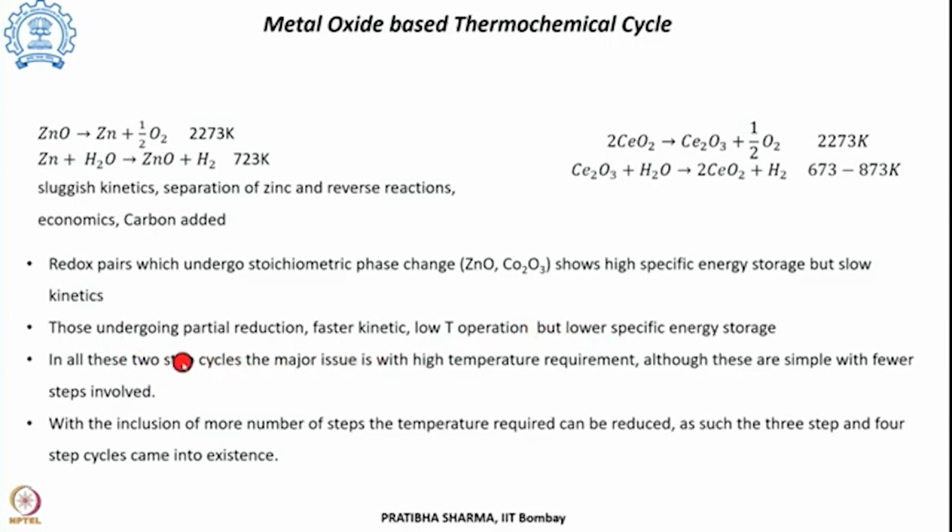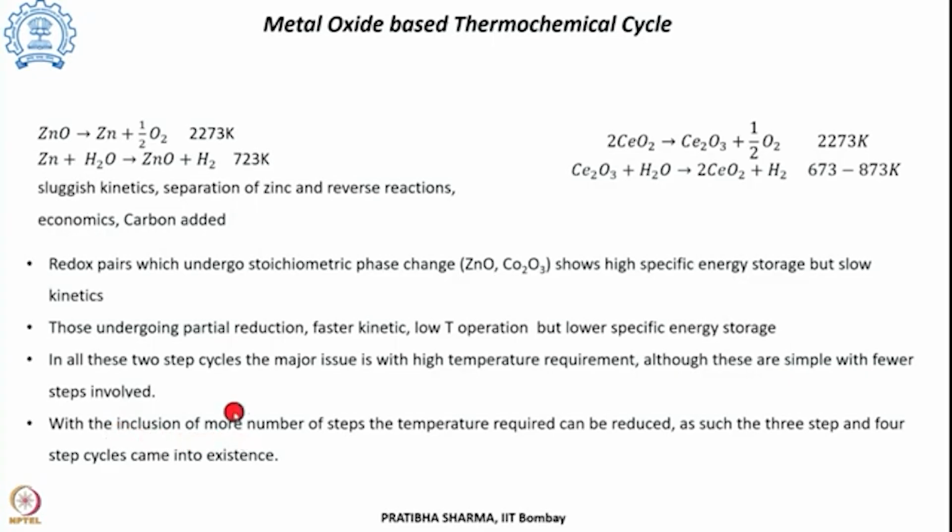In these two step cycles, the major challenge is the high temperature step. The advantage is that these are simple in nature and the number of steps involved is small.